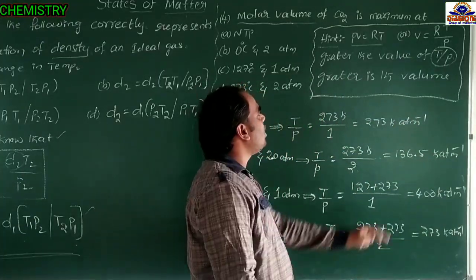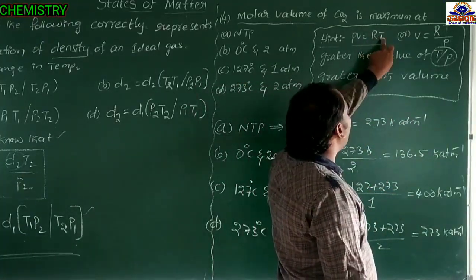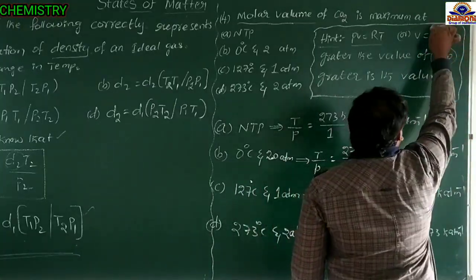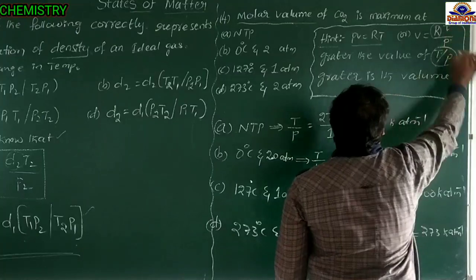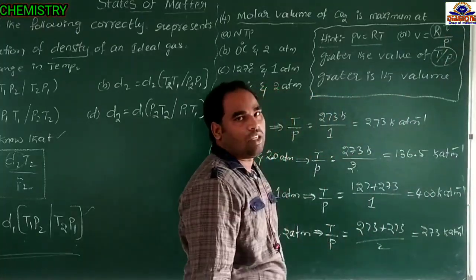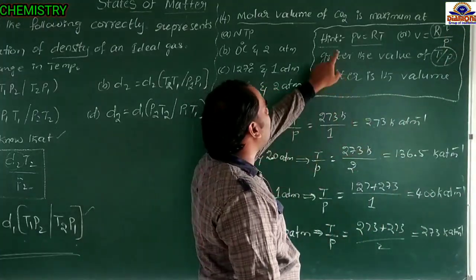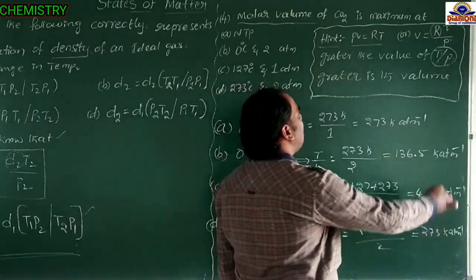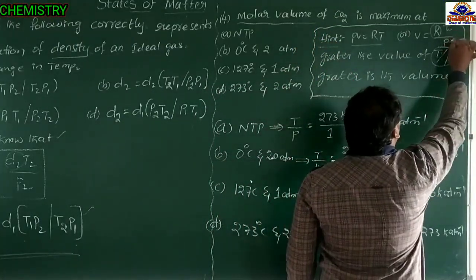From this, V equal to RT by P. Okay, RT by P. So here R is the constant value and we want to find out the T by P here. For any gas, greater the value of T by P, greater the volume.